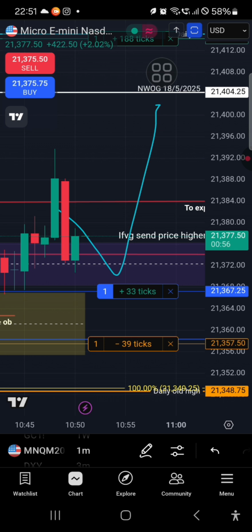I'm still expecting a sharper drop and a weak low, and then start expanding higher. And it has to.